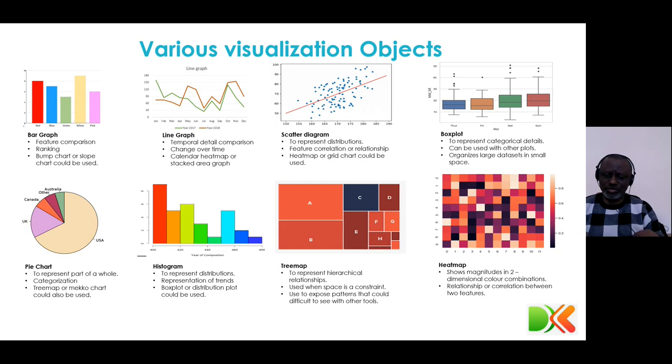Since we have called that distribution, to represent any distribution in a graphical way, in most cases, is to use a histogram. And we can also use it for trends, just like we use line graph for trend. We can use histogram also for trend. You can use box plot also to do the same thing. So whichever way, the box plot and the histogram will give you almost the same thing.